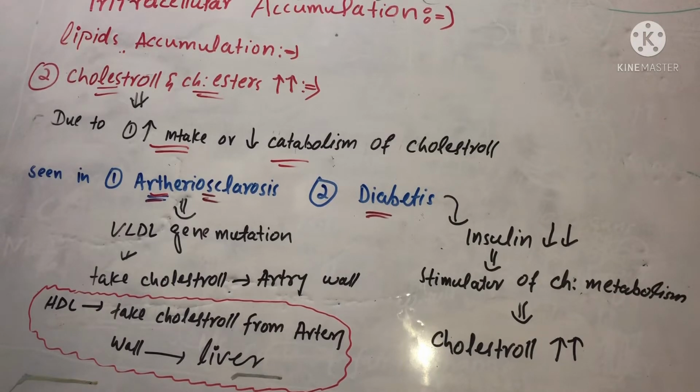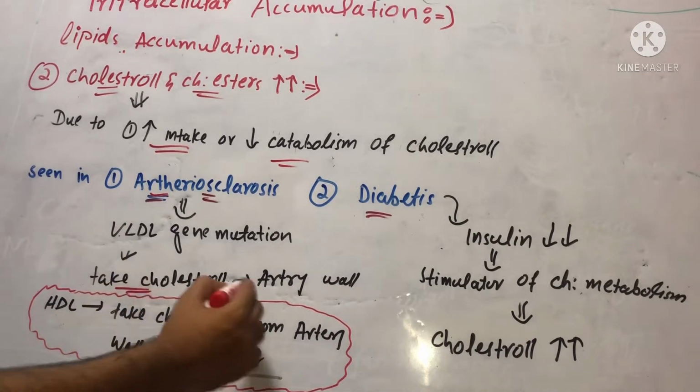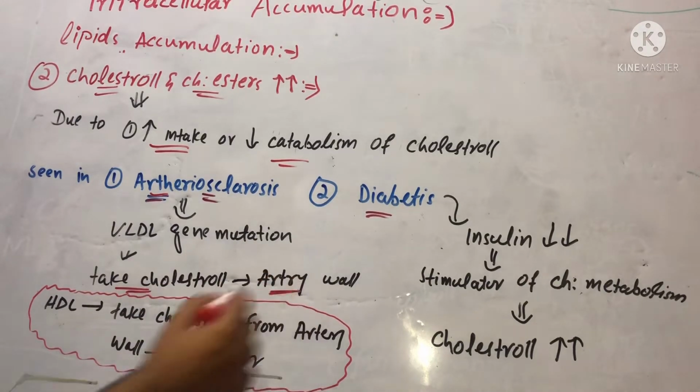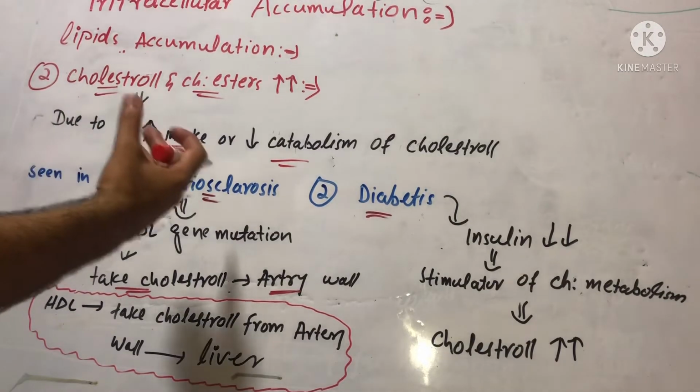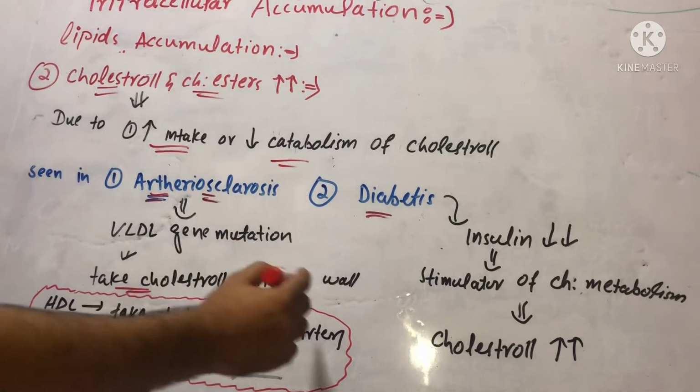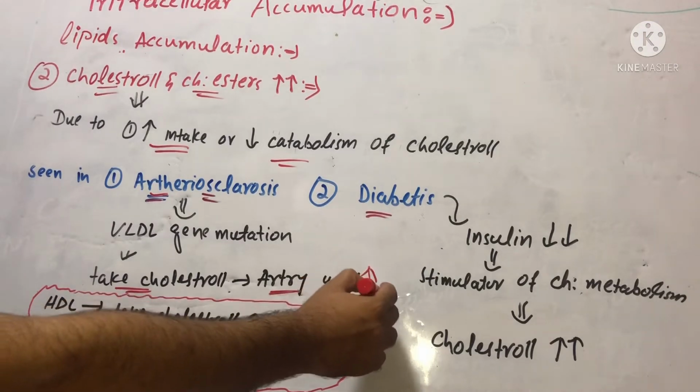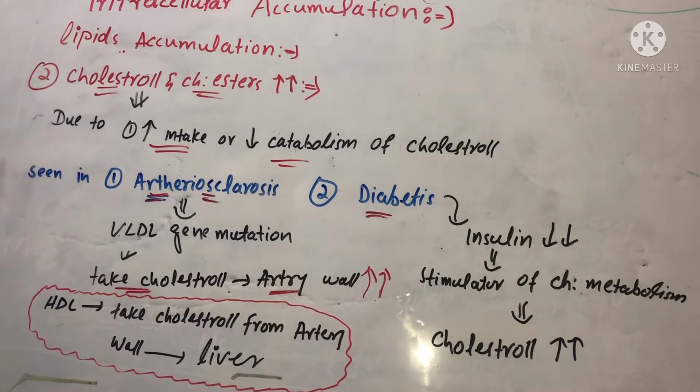Number first, we had already discussed that it carries triacylglycerol from artery walls into the organs. And number second, it takes cholesterol from organs into the artery wall. So when VLDL gene mutation occurs, cholesterol starts accumulating in the artery wall in arteriosclerosis.